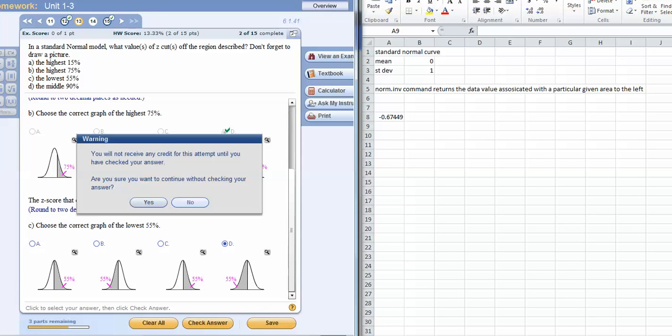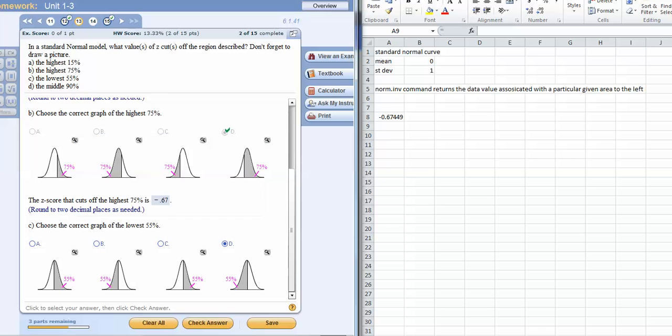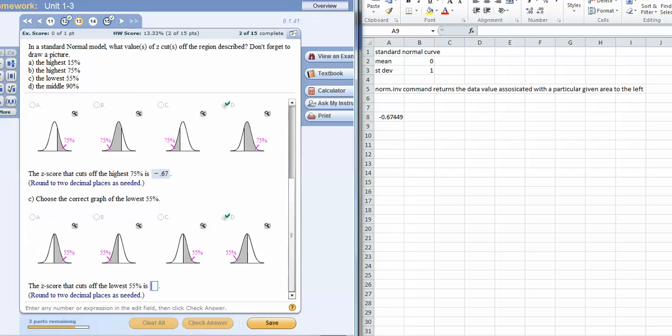Okay, so check answer, and now that it says lowest 55%, I get to use the norm inverse command, but since it says lowest, I just put in the number that I have, 0.55. That's going to be rounded to 2 decimal places, 0.13. Okay, continue.